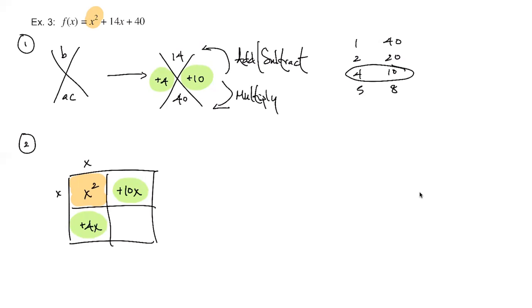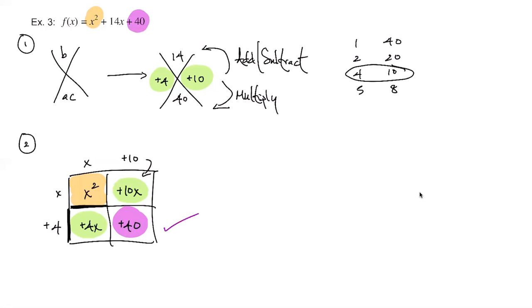Now, the rest of it is actually pretty simple too. X times 10 will give me that 10x. And x times what gives me 4x? Well, it's going to be plus 4. And of course, we saved our last box to multiply. So we could check: is the number in this box the same as the number at the end?